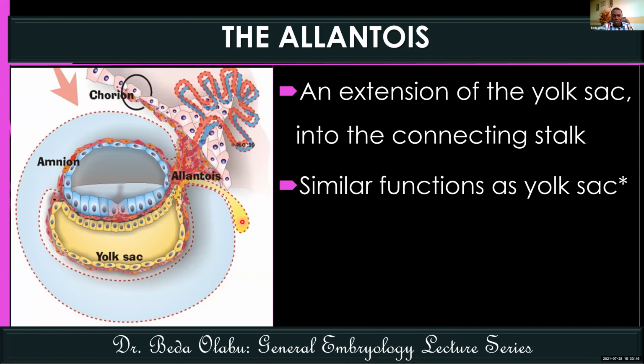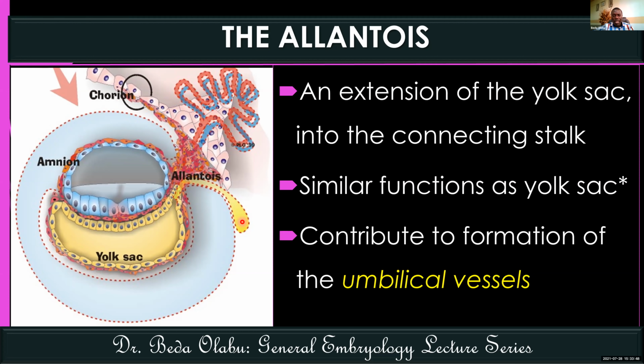However, apart from those 3, the allantois also contributes to the formation of the blood vessels which connect the baby and the placenta. We name those umbilical vessels.